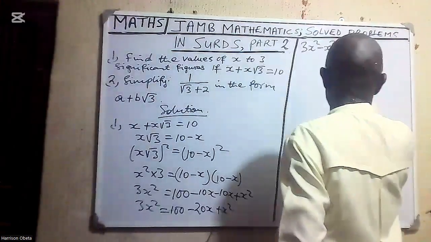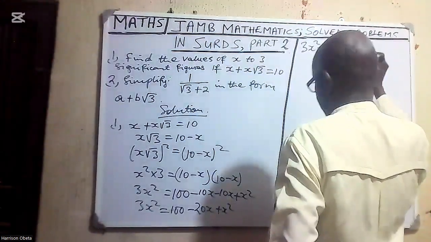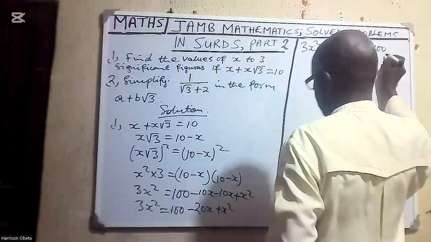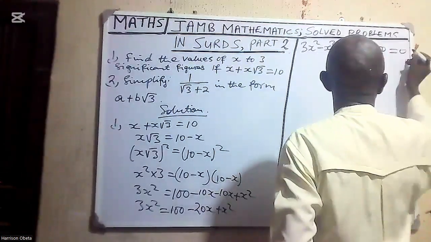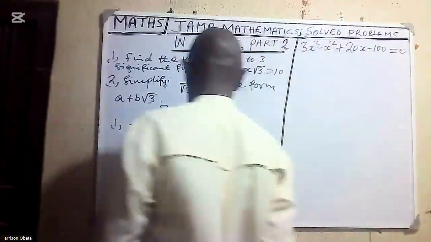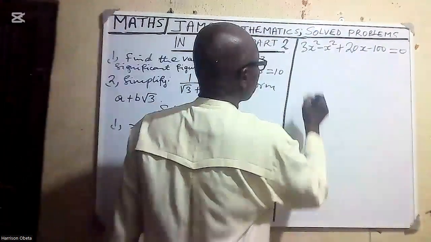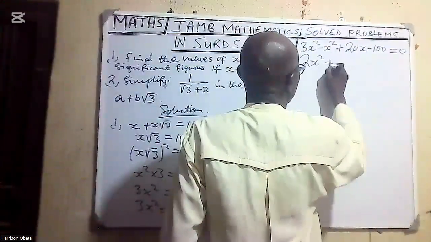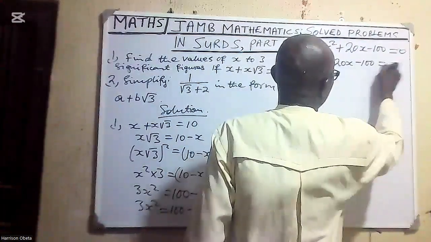So that will be plus 20x minus 100 is equal to 0. I have taken everything to this side. That will give us 2x squared plus 20x minus 100 equal to 0.